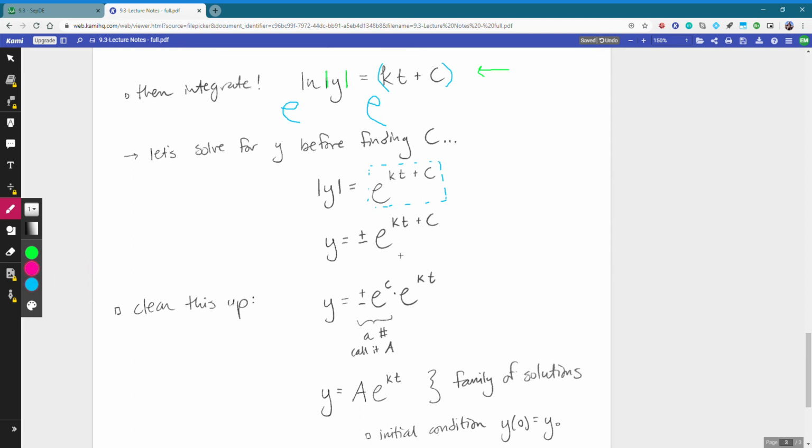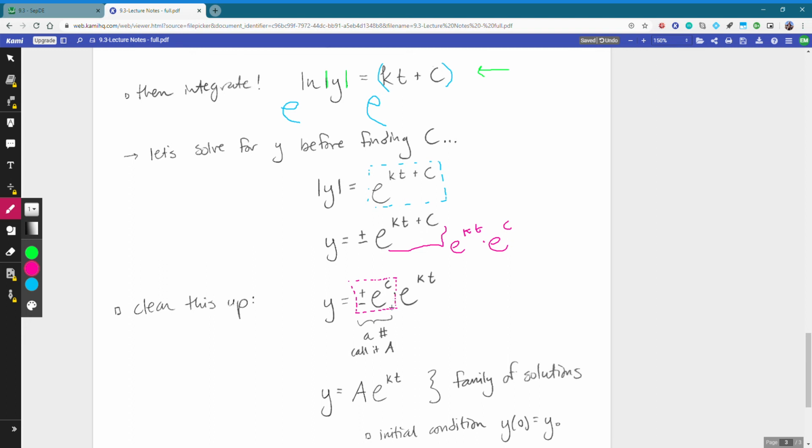We can actually use the same exponential trick that we used before. We can break this up as e to the kt times e to the c. And if we bring that e to the c over to the left, here is what we get, plus minus e to the c. And an observation is that this thing, plus or minus e to the c, is just some big ugly constant.